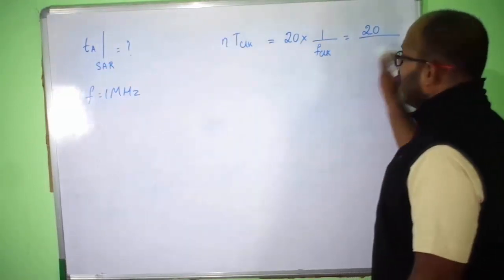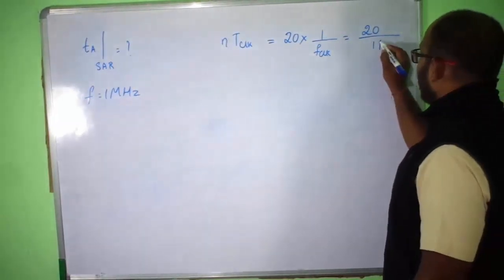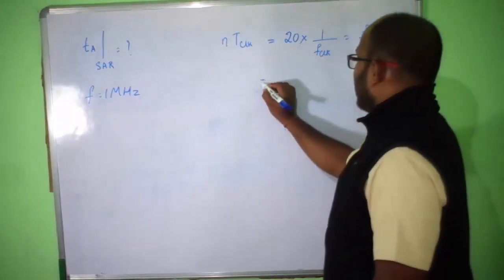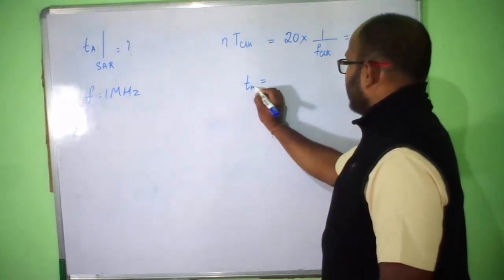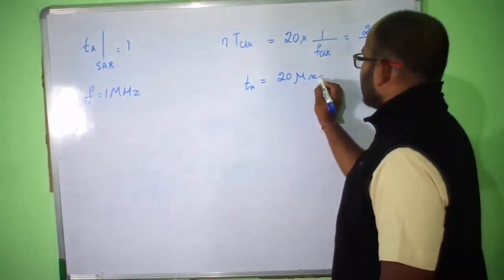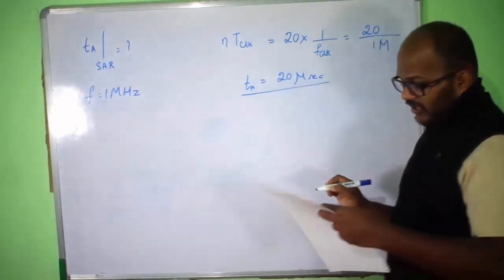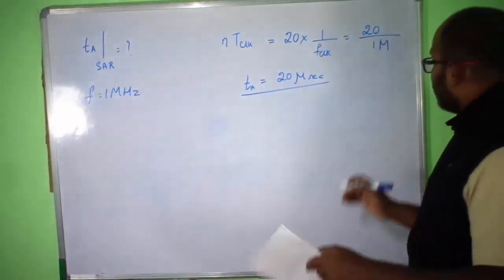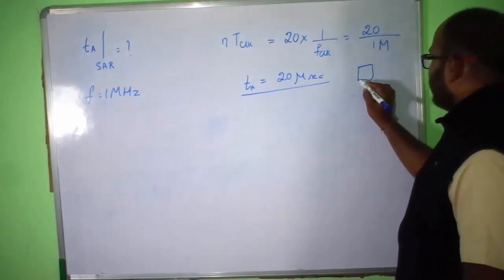So 20 divided by f clock, which is 1 mega. I will be getting the conversion time equal to 20 microsecond. That is option C is going to follow.